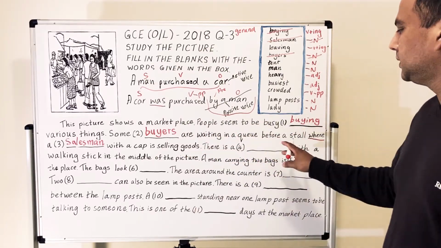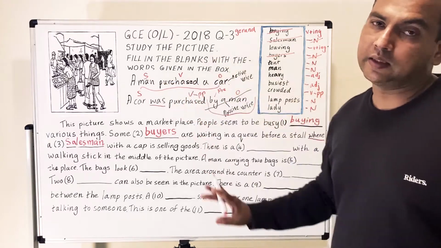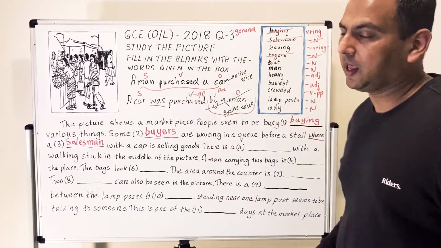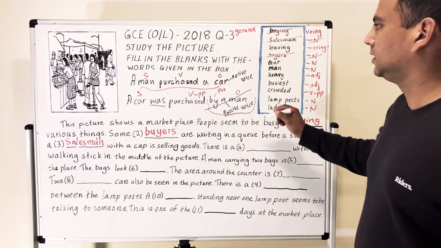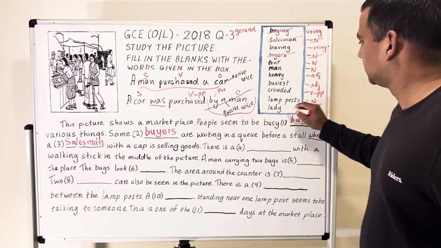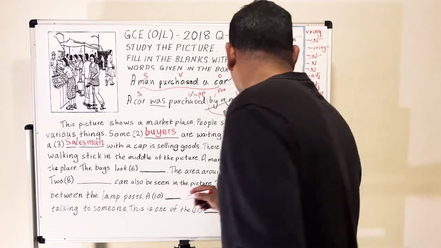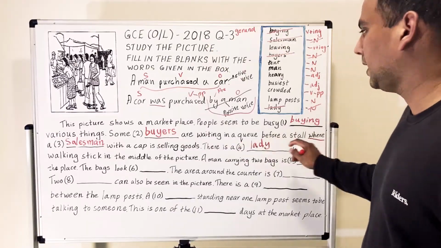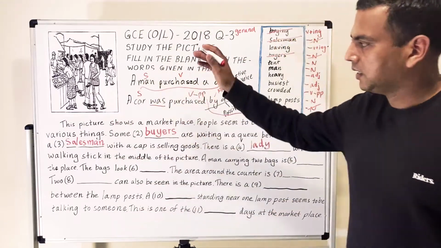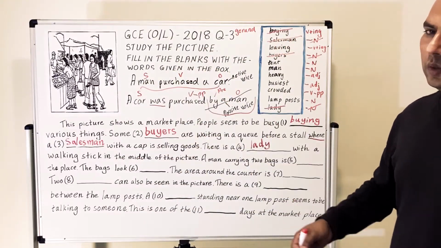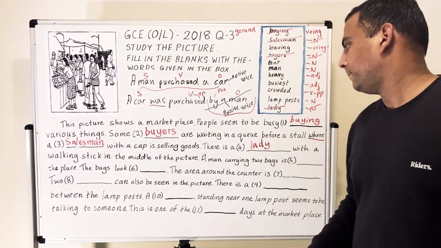So who is missing? The subject. In an active voice sentence, as I explained, the subject is always a noun. So let's look for the lady. So you have lady? Yes, lady. Okay, there is a lady with a walking stick in the middle of the picture.